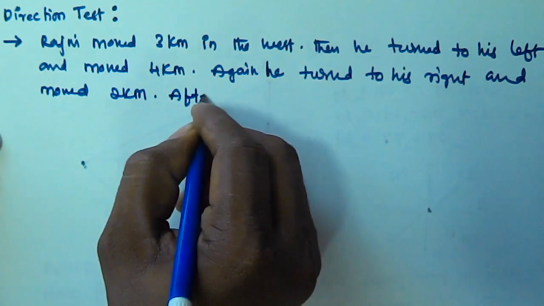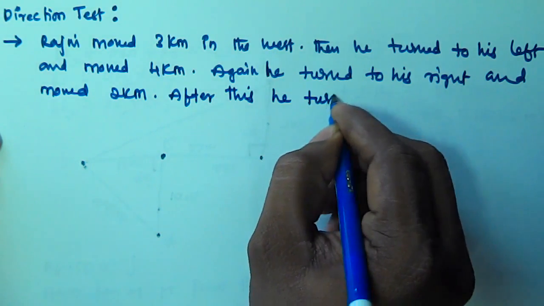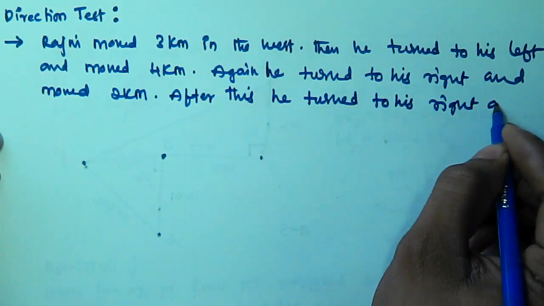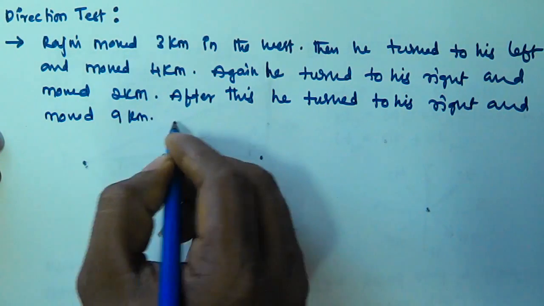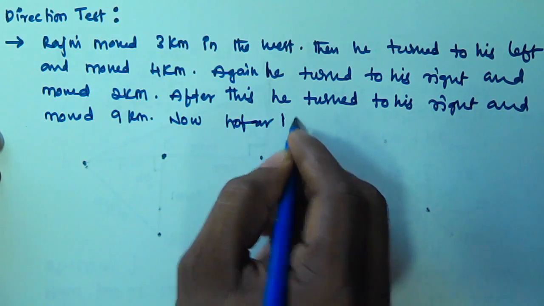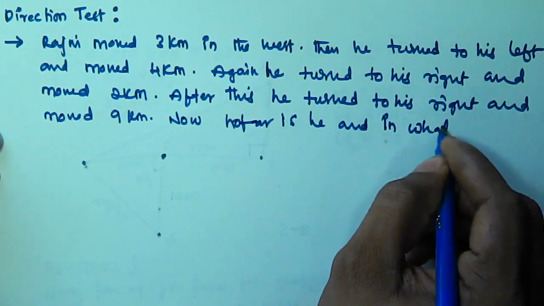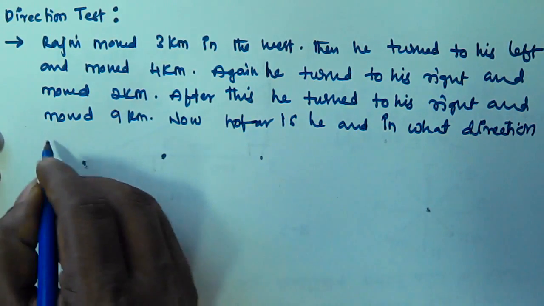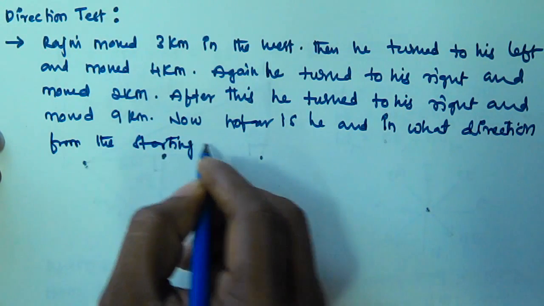After this, he turned to his right and moved 9 kilometers. Now, how far is he and in what direction from the starting point?